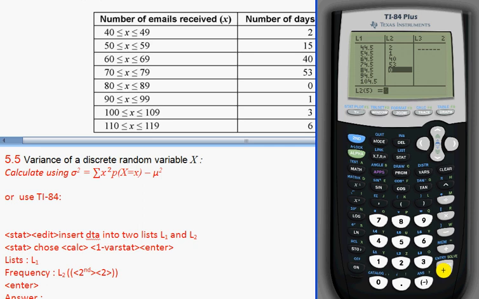So we made list. Now we go to start. Where is the start? Start. Now we should calculate. And we calculate first variance statistics line.